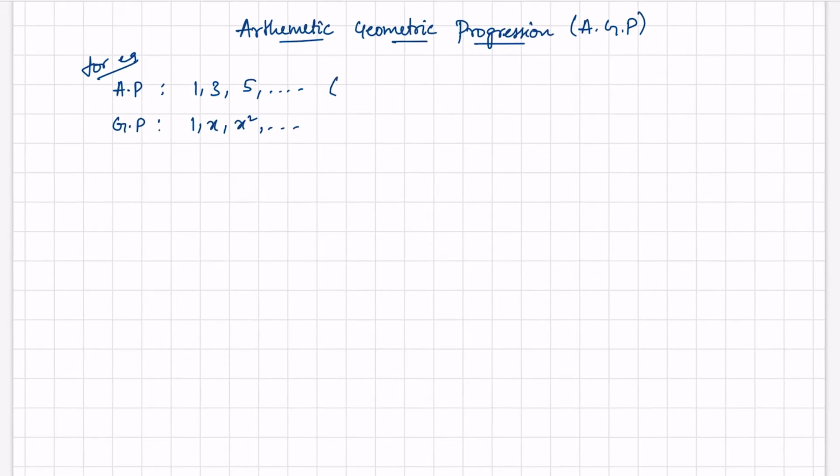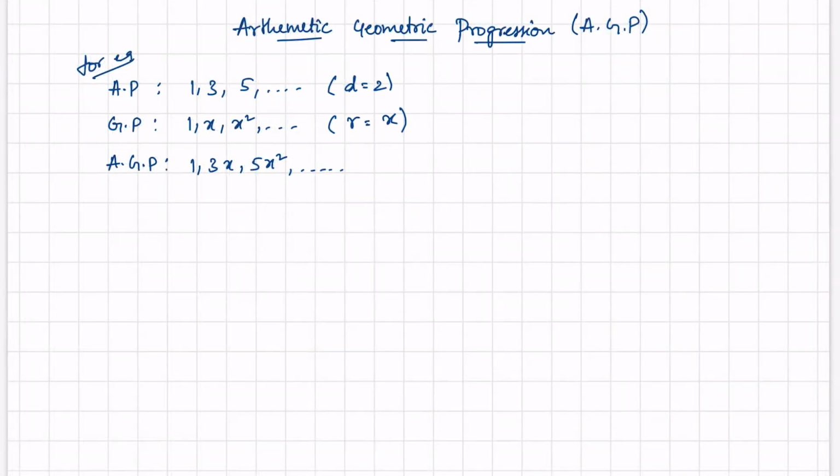Here the common difference d equals 2 and the common ratio r equals x. Now this AGP is 1, 3x, 5x square, and so on.